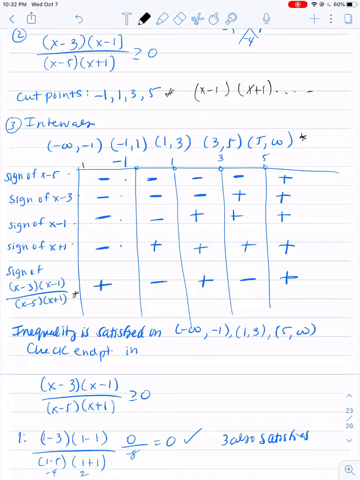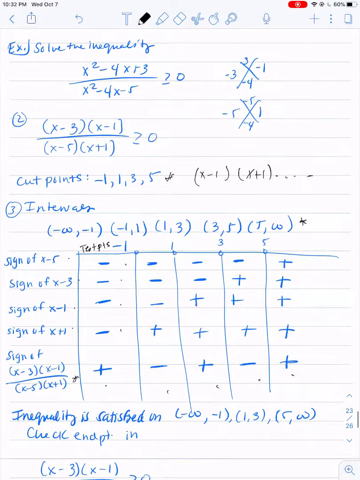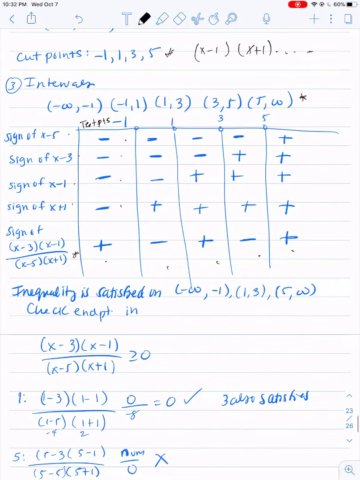And then I have each interval and I'm using test points between each. So here I have positive, negative, positive, negative, positive. I do my test points, and you could always do it this way or the other table that I used in the other example, whichever you prefer. So we can see that our inequality is satisfied when it's greater than or equal to 0.